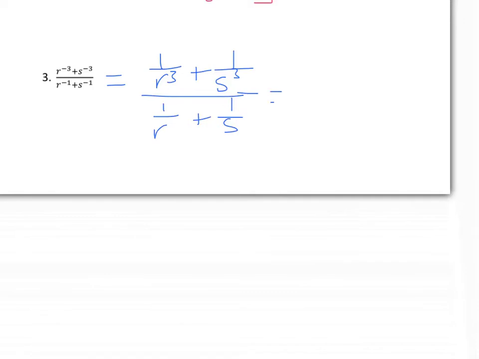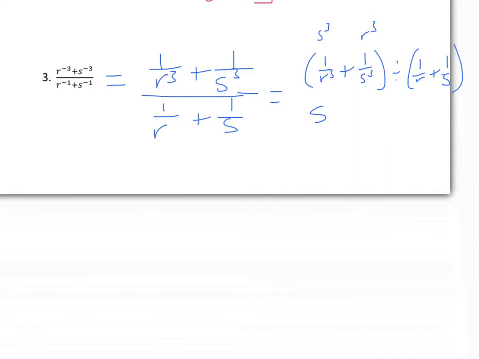Okay, so I'm going to rewrite this as 1 over r cubed plus 1 over s cubed divided by 1 over r plus 1 over s. Do these additions. The least common denominator here is r cubed s cubed. So I need to multiply this one by s cubed, multiply that one by r cubed.